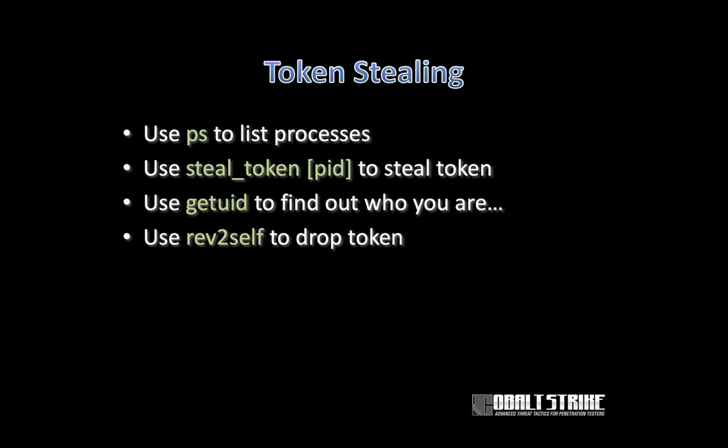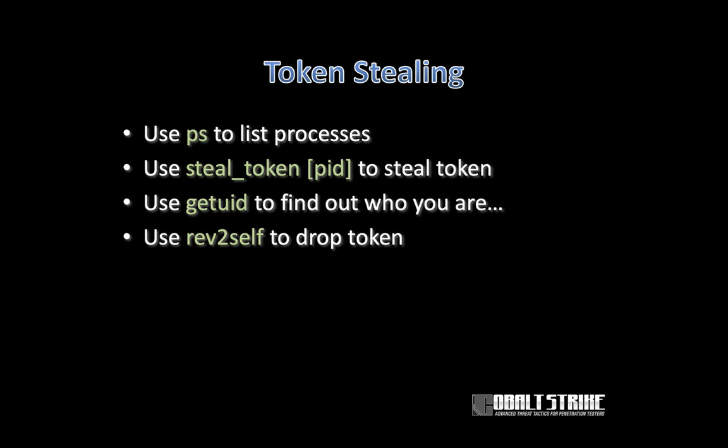How do you steal a token in beacon? Use ps to list the processes. And if you want to steal a token, just do steal_token and the process ID. If this succeeds, your thread will now have that access token, and any commands you run and any actions you take that touch a remote target will use the credential material in that token's logon session to authenticate with that remote resource.